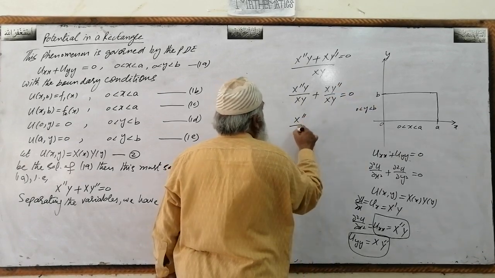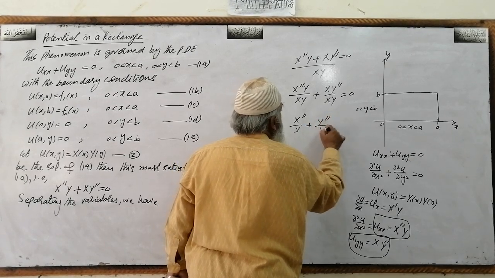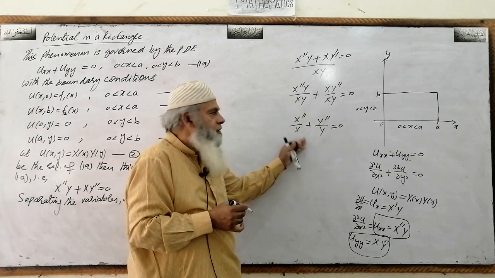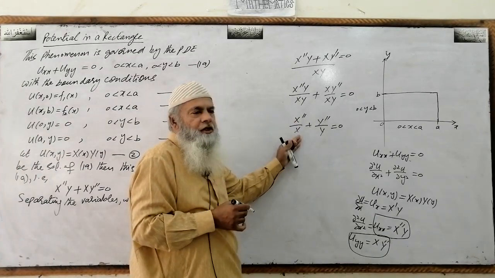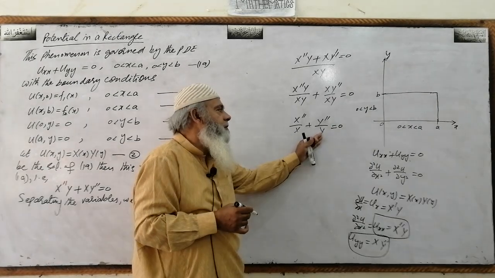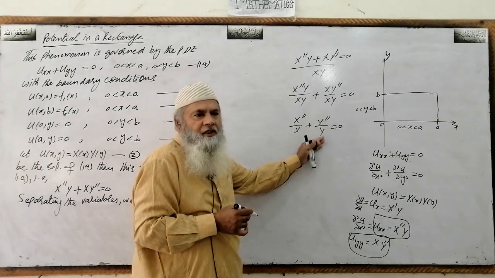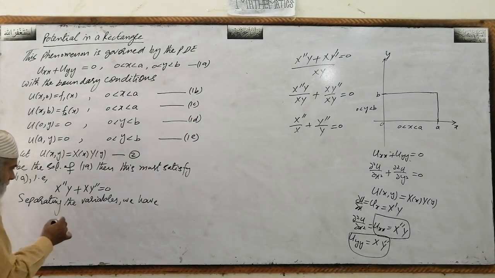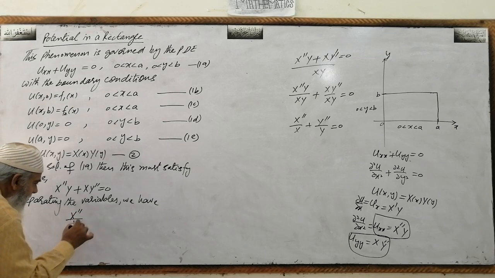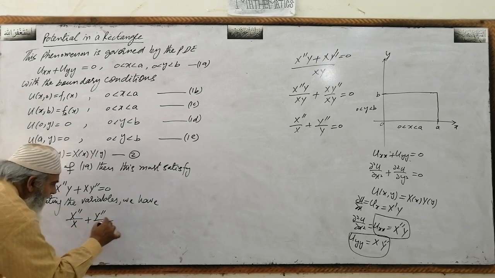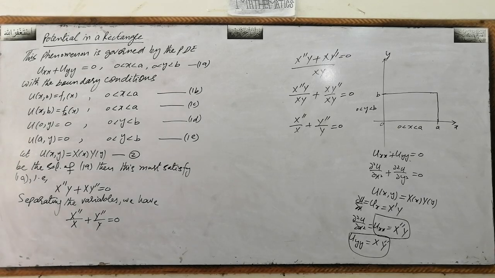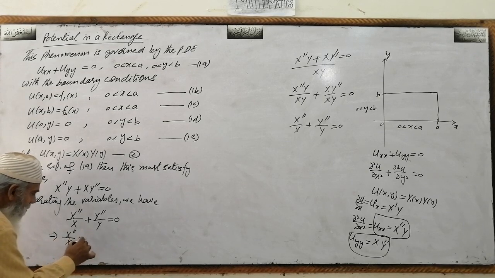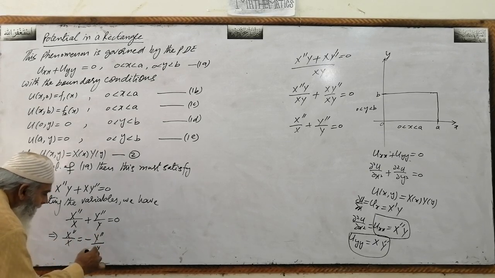This will become x double dash over x plus y double dash over y is equal to 0, and the variables are separated here. x double dash over x is independent of y, and in the second term y double dash over y is independent of x. Therefore variables have been separated. Now we can write it as x double dash over x is equal to minus y double dash over y.